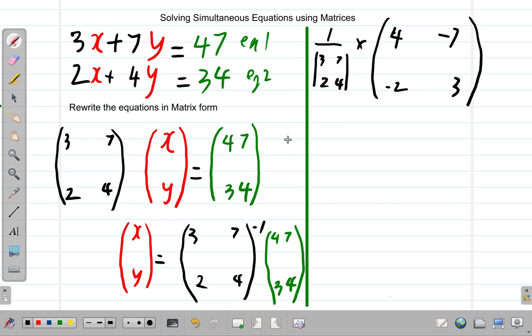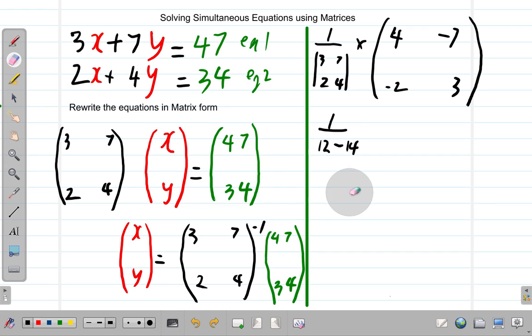Now, what is the determinant here? For the determinant, you multiply 3 and 4. 3 4s are 12, minus 2 7s are 14. So the determinant is 12 minus 14, which is -2. So the inverse has 1 over the determinant, which is 1 over -2.